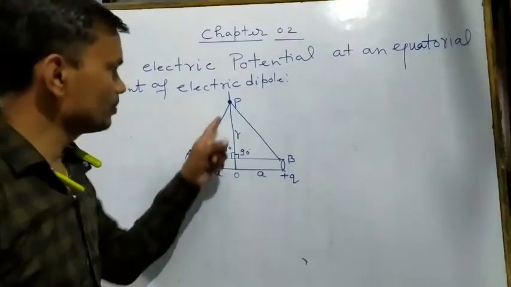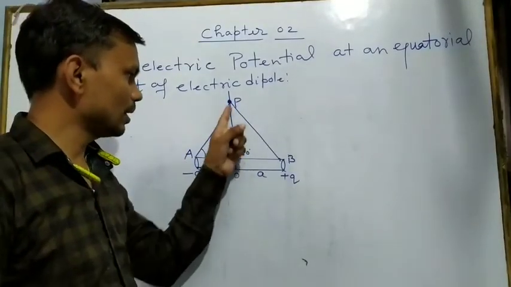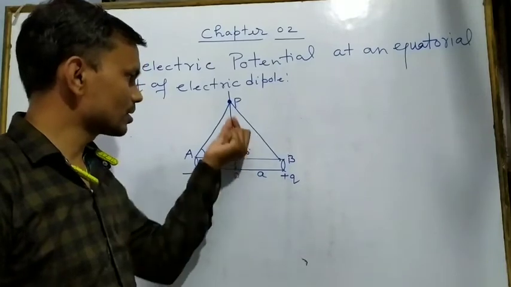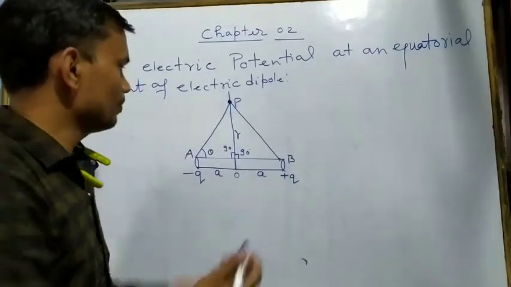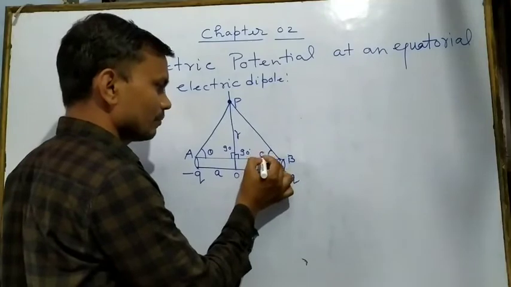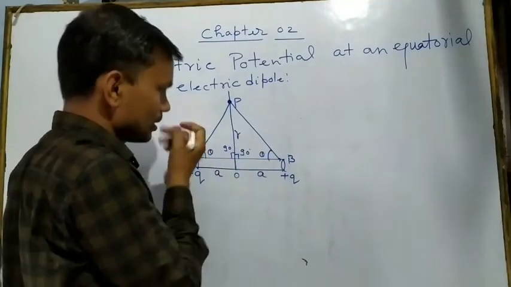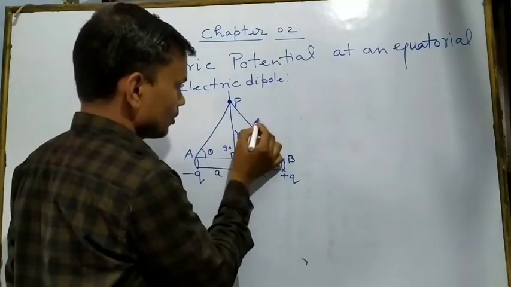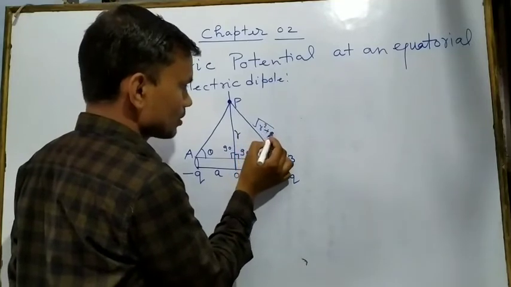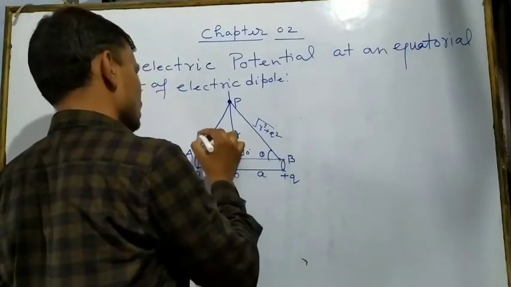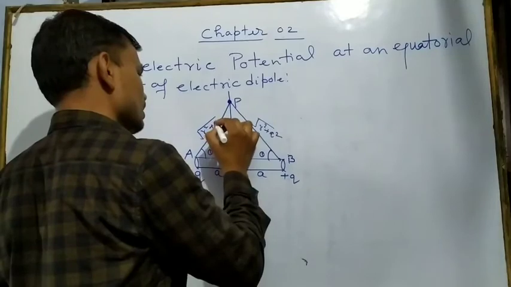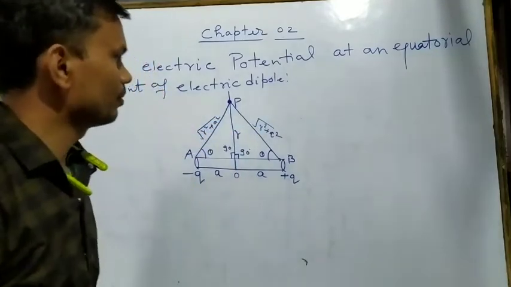Now listen, at this point we want to calculate the electric potential which is r distance from this electric dipole. So if this angle is also theta, when we are using the Pythagoras theorem, then this is under root r square plus a square, and this is also under root r square plus a square by Pythagoras theorem. There is no problem.